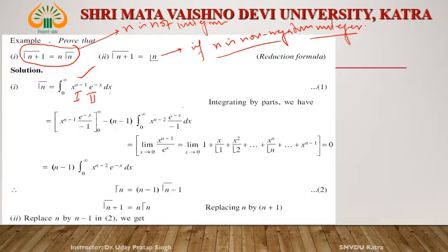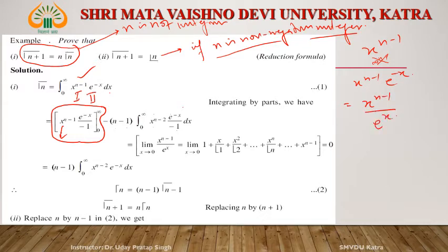Okay. So see, what is the value of this term? Since it is x to the power n minus 1, we can't use infinity to the power n minus 1. This is the wrong approach. So this term is x to the power n minus 1 e to the power minus x, which is equal to x to the power n minus 1 over e to the power x.